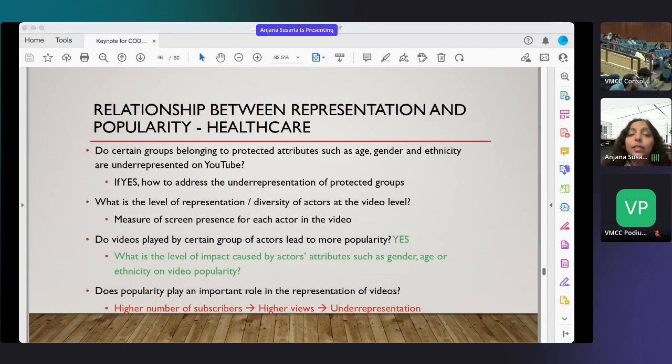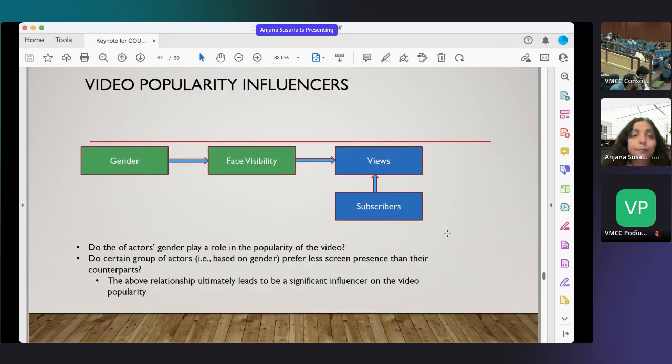That's the next question that we were trying to solve. What we do understand is we can measure for each video the gender proportion of the video time by the gender of the actor. We can look at the visibility of the face.